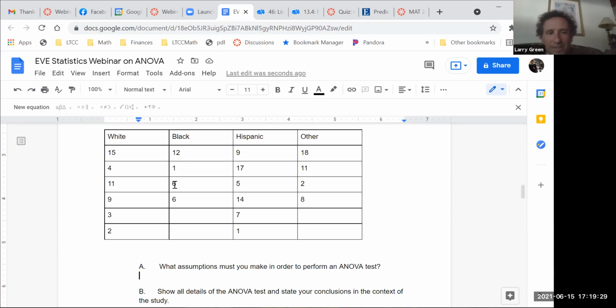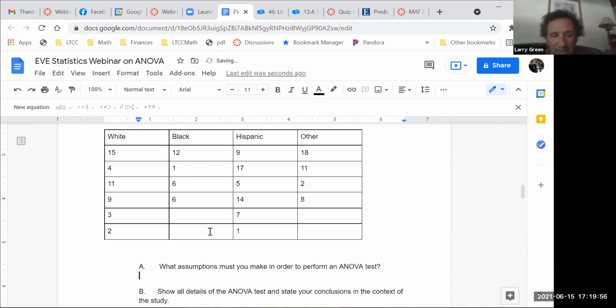Look at the sample size, for example, for blacks. What's the sample size? Yeah, less than 31, in particular, it's 4.